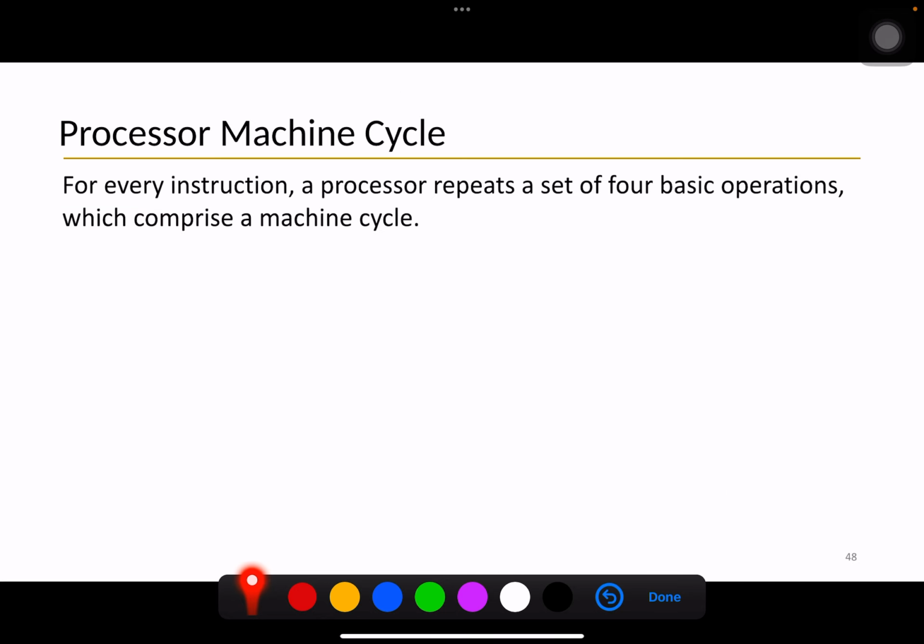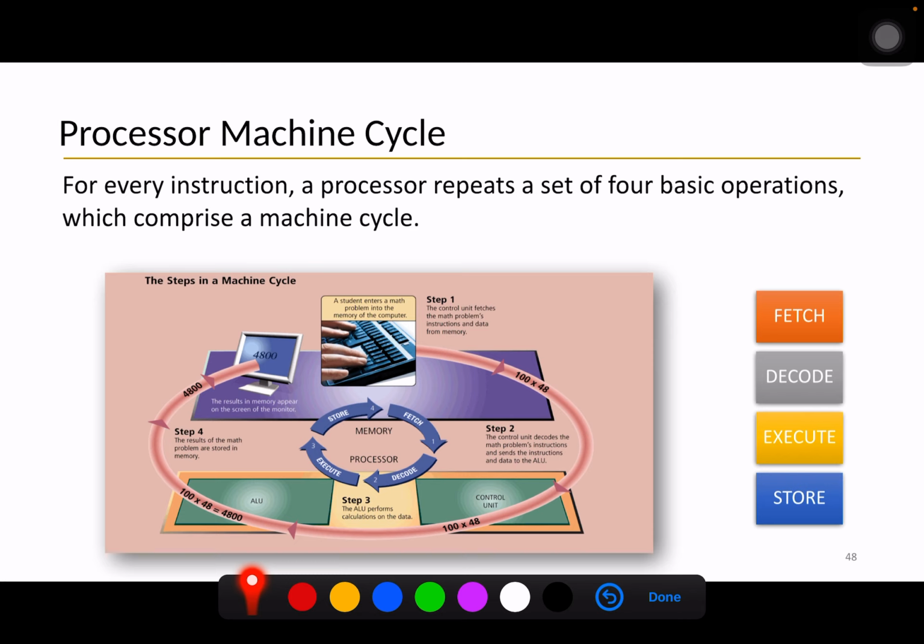Okay, the processor machine cycle. What is meant by the machine cycle? In the processor, or in the CPU, there are 4 processes that will happen in order to process a data or an instruction.